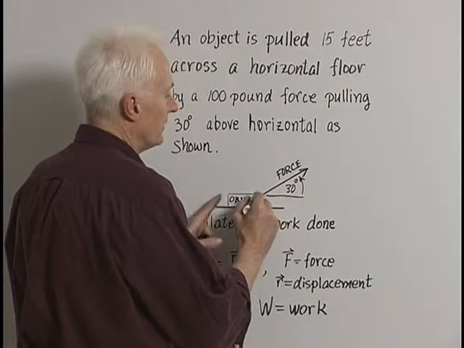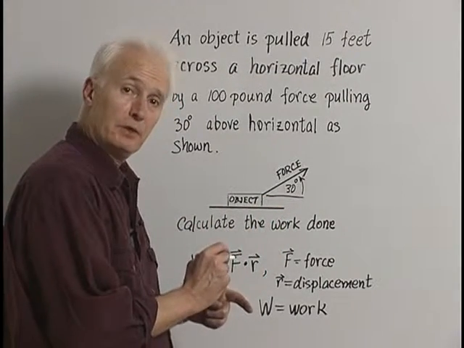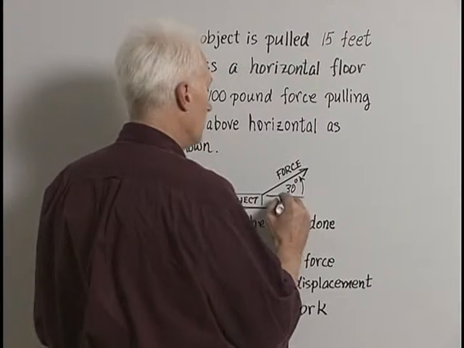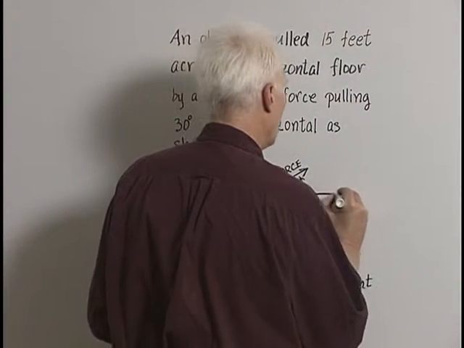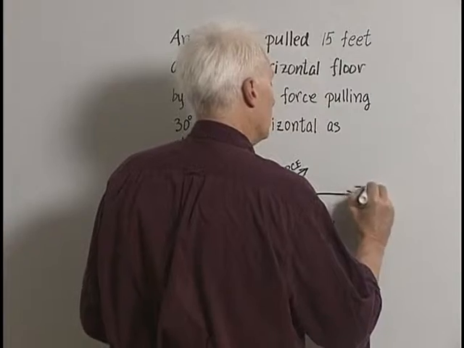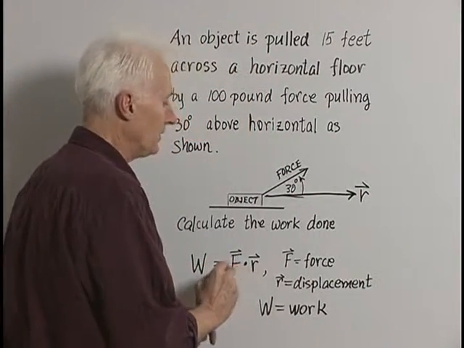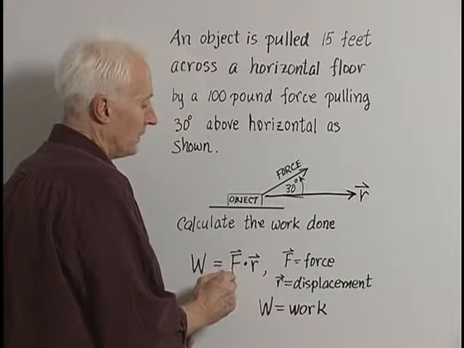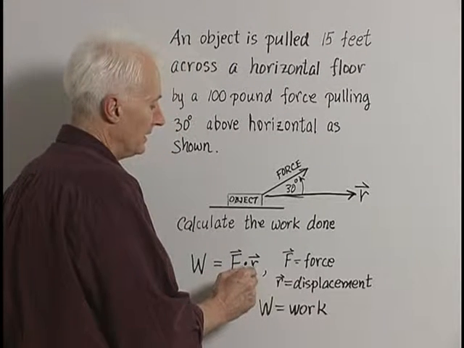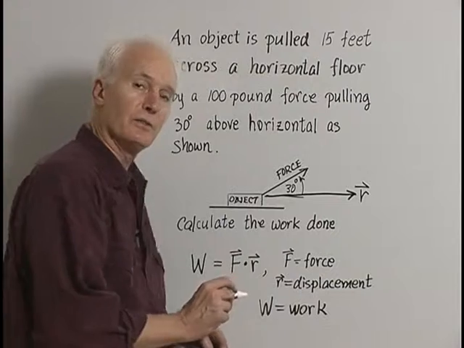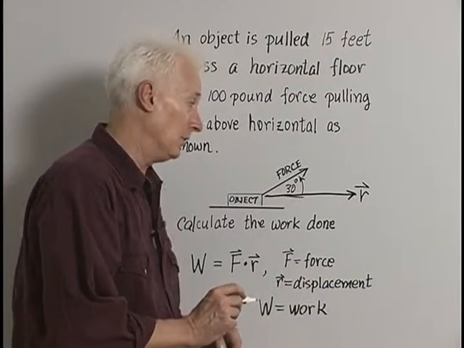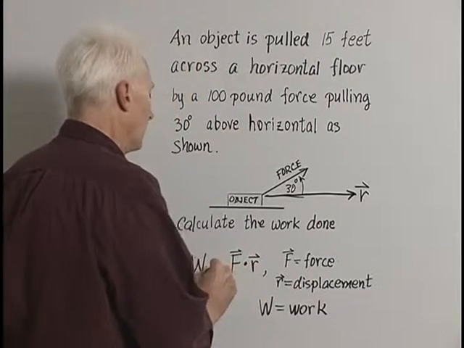If we think of this as the starting position of the object, we're moving 15 feet, so the displacement is a vector R here, which in feet is 15 feet. And of course, notice force is in pounds, displacement is in feet, and so the units for work will be foot-pounds. So let's calculate.